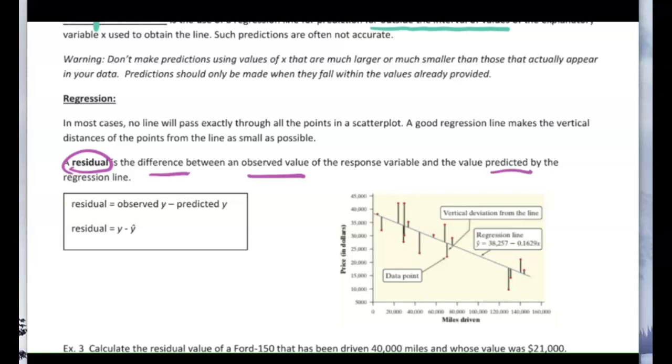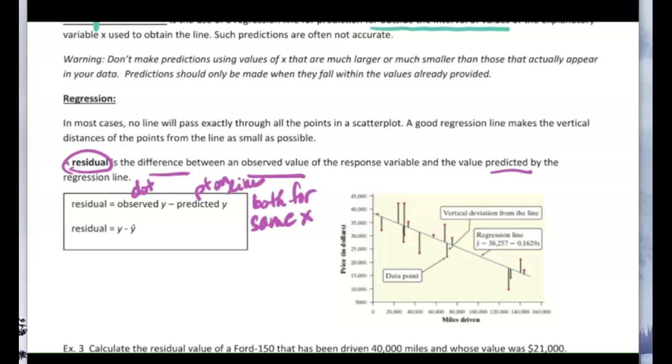Notice that we're going to use the observed y, that's like a coordinate point y, and a predicted y, that's a y hat. This is the dot on our graph, or the data point that they give us. This is the point on the line for that same x. They're both for the same x. And the calculation for that is just y minus y hat.